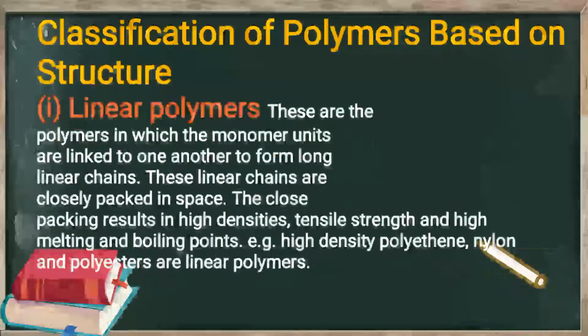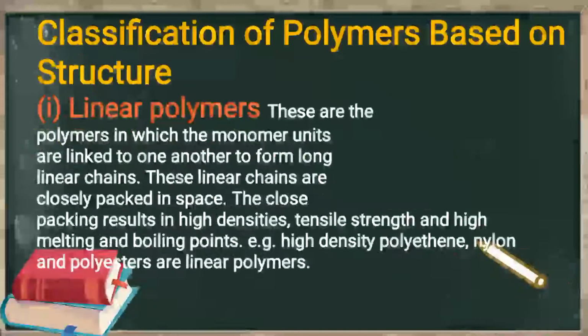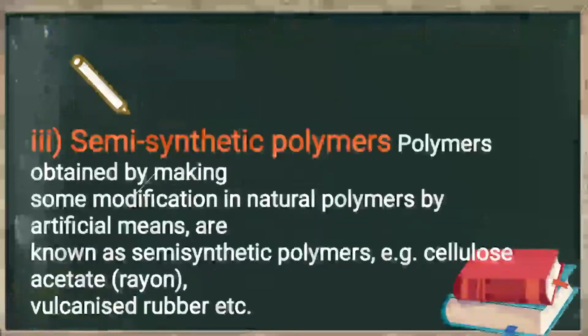Next is the classification of polymers based on structure. First one is linear polymers. These are the polymers in which monomers are linked with one another to form long linear chains. These linear chains are closely packed in space.